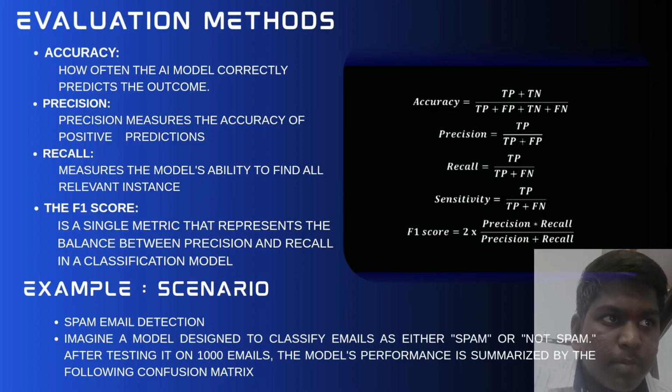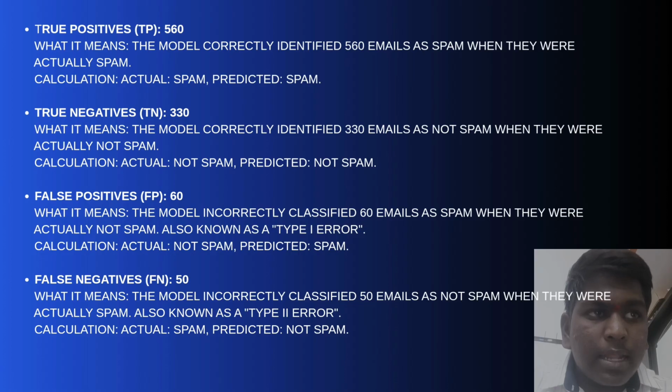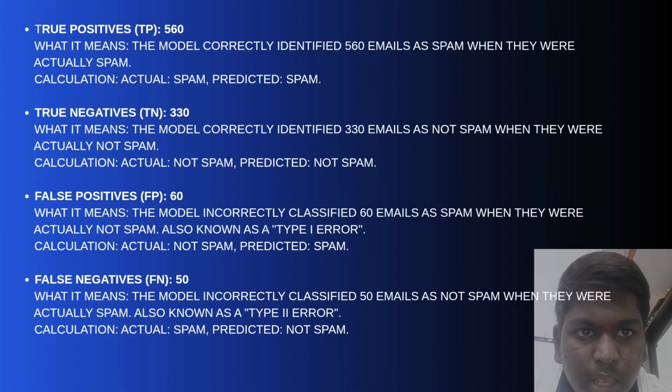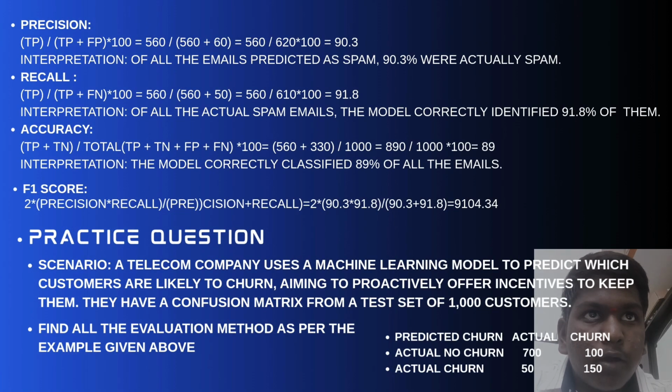The model's performance is summarized by the following confusion matrix, and they gave step by step what a confusion matrix is, how it is executed, and what the evaluation method is and how it is executed with formulas for precision, recall, accuracy and F1 score. So have a look at this example and get a clear idea about what a confusion matrix and evaluation method are. Then after this I gave you one practice question.